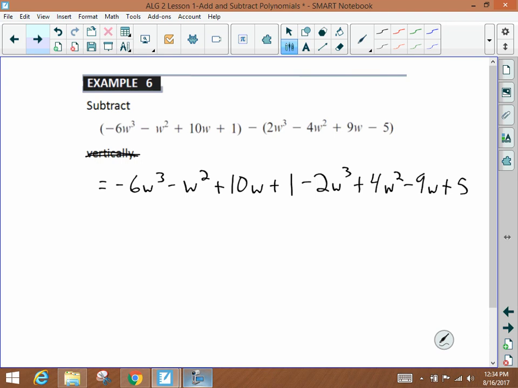But we're not done, because we always need to look and see, are there some like terms that can be combined? Yes, right? I got this one and this one. So I can combine negative 6w cubed and negative 2w cubed. So negative 6w cubed minus 2w cubed, right? What is negative 6 minus 2? It's negative 8.